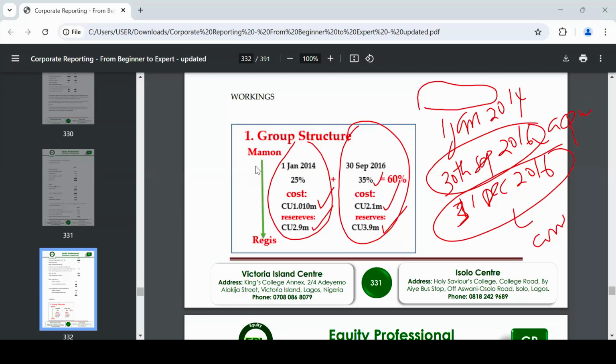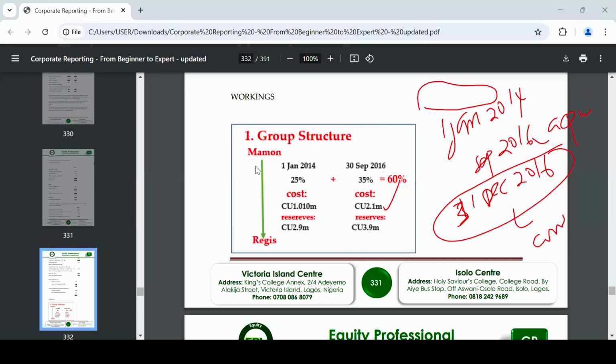It's as good as a simple consolidation. The only difference is this: we have acquisition in piecemeal. It is not even a complex structure. It's just a matter of acquisition was made in piecemeal. And the first principle that we must pay attention to here is that we need to calculate goodwill.